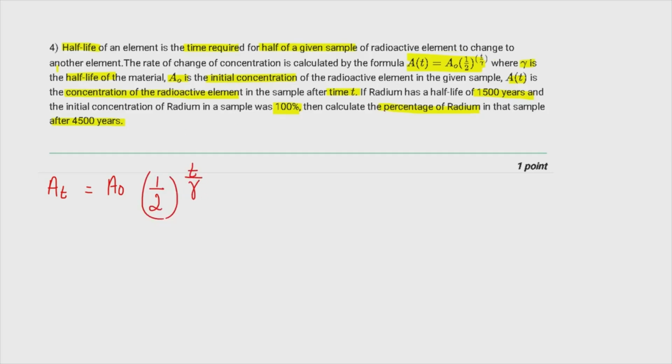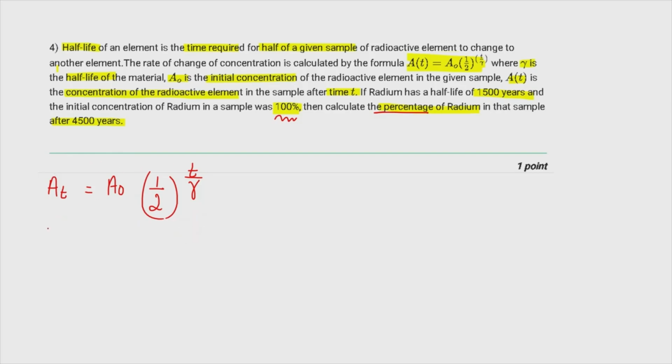Now I have to calculate the percentage, and the initial percentage is already being given. So I need not convert it into a number. I can directly substitute it as a percentage. यहाँ पे परसेंटेज है तो मेरा आंसर भी एज अ परसेंटेज ही आने वाला है. So no need to convert the answer.